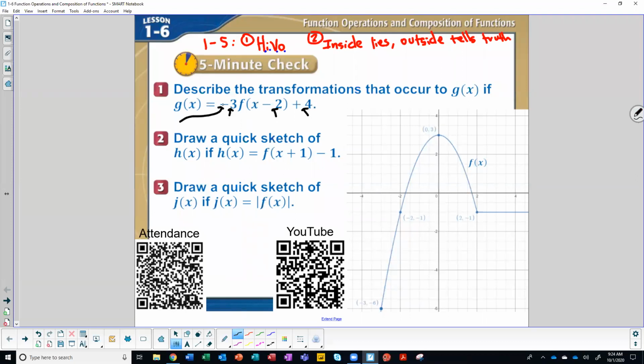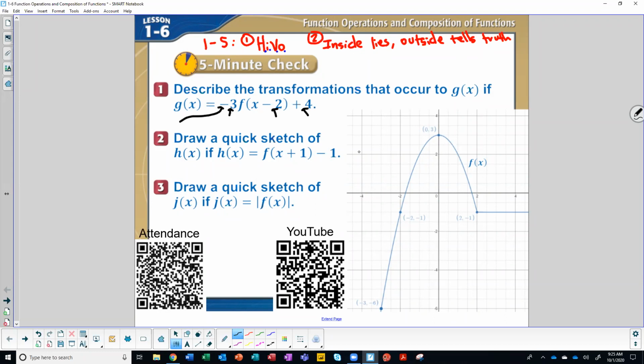Using my rules here, this negative, is that negative on the inside of this equation, or would you call this the outside of the equation right here? What would you call that, inside or outside? Outside?